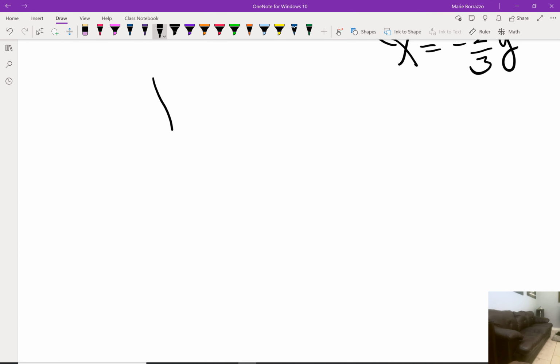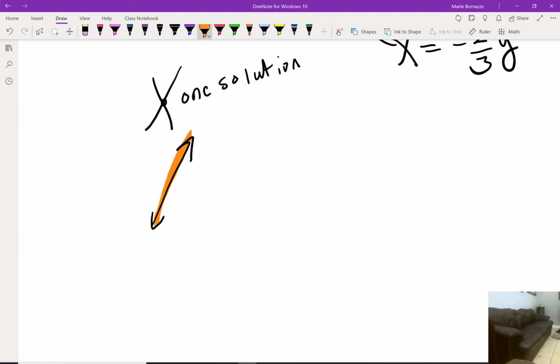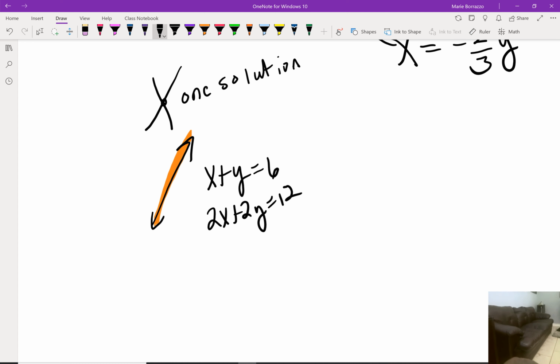So either you had one solution, or you had infinitely many solutions, when it's basically the same line, just different format. For example, I could have x plus y equals 6, and then 2x plus 2y equals 12. In essence, these are the same line, right?